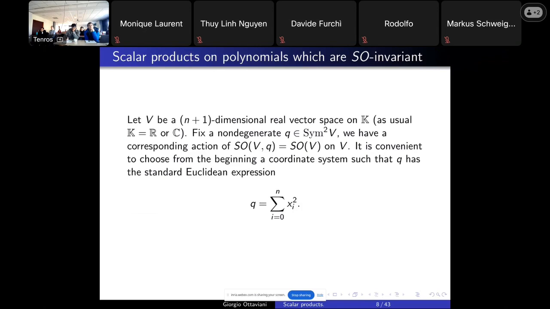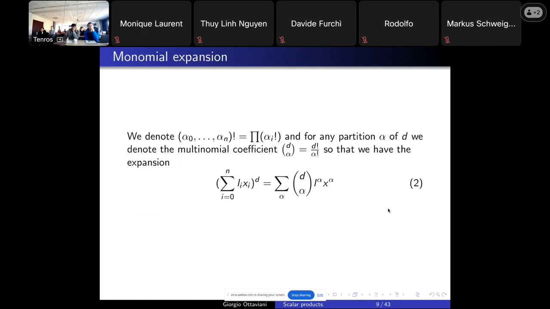And then this is just a notation which is useful, a notation very well used working with polynomials. When you write down a polynomial, you write it as the sum of monomials. So a monomial x^alpha means x0^alpha0, x1^alpha1, up to xn^alphan.